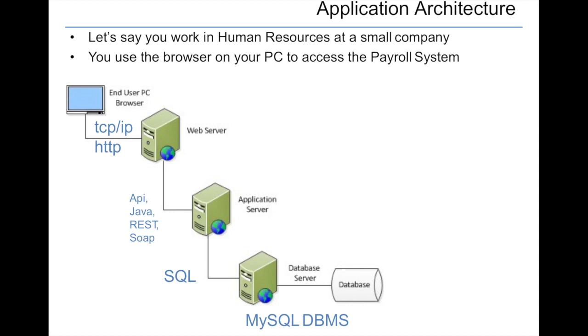And then SQL, from the application server to the database, we use SQL queries to pull the data, and the MySQL database server will actually go out to the database, given those queries, and access the data. And then this will be returned all the way through. So this is the basic application architecture. We're going to drill down into it a little more later this week.